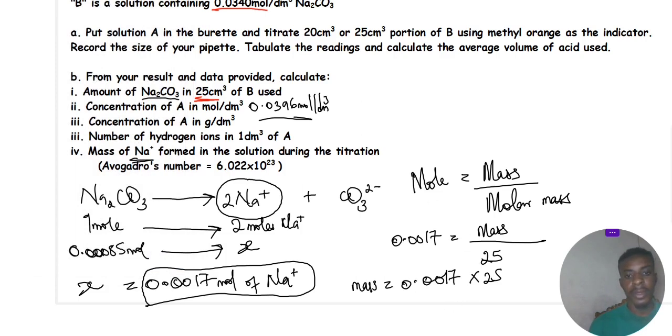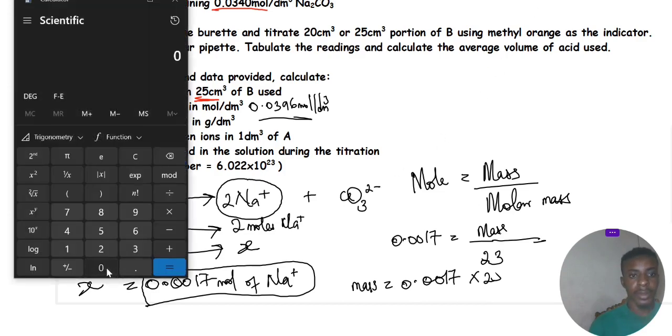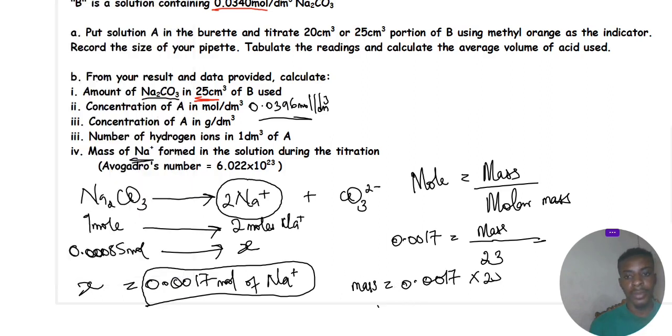Take note, the mass of 1 sodium is 23. So 0.0017 times 23 gives 0.0391 grams. So this is the mass of sodium produced during the titration.